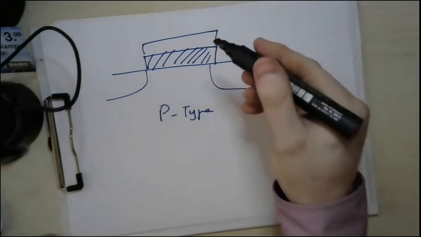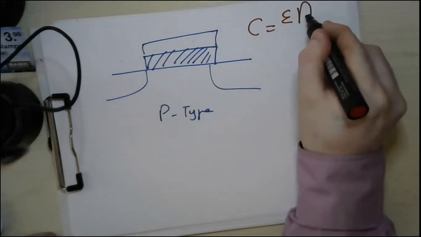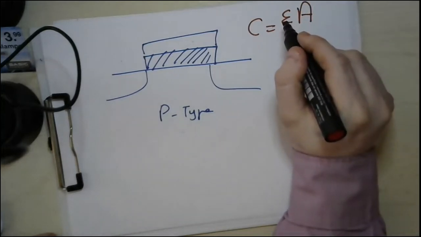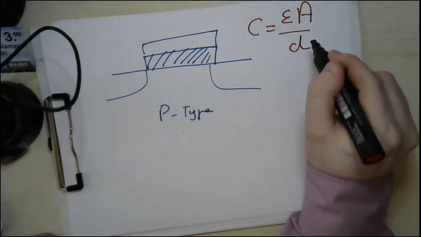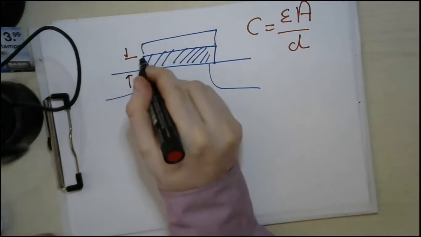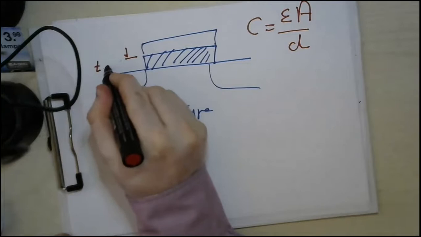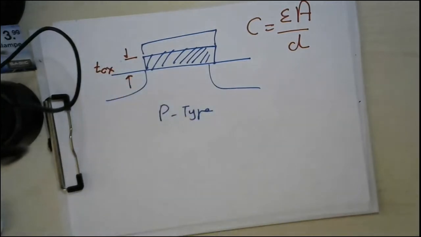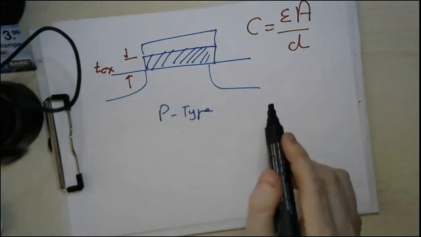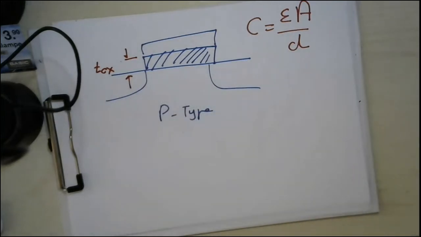If you remember the equation, the capacitance equals epsilon, which is the permittivity, times A, which is the area, over D, where D here represents the thickness of the dielectric material. By the way, we usually call this T oxide, T sub OX. So sometimes you will find that this D is replaced by T oxide, which is simply this. Okay, this is very easy and very simple.